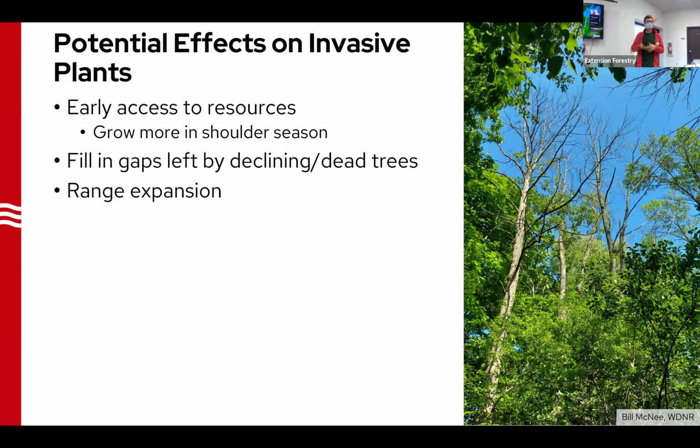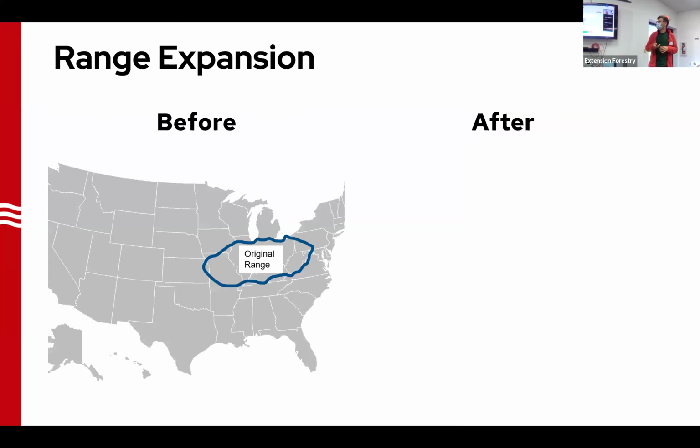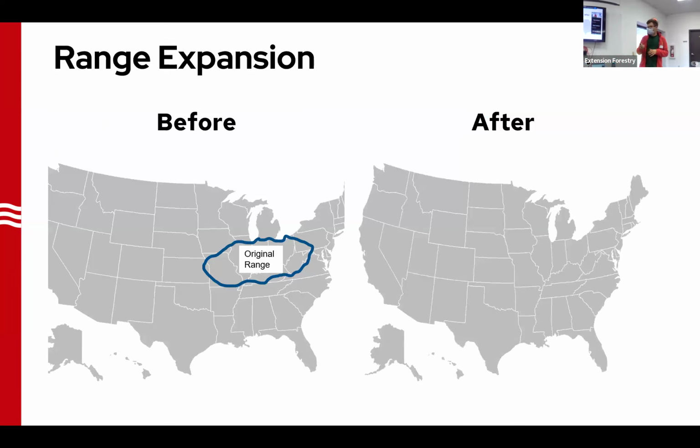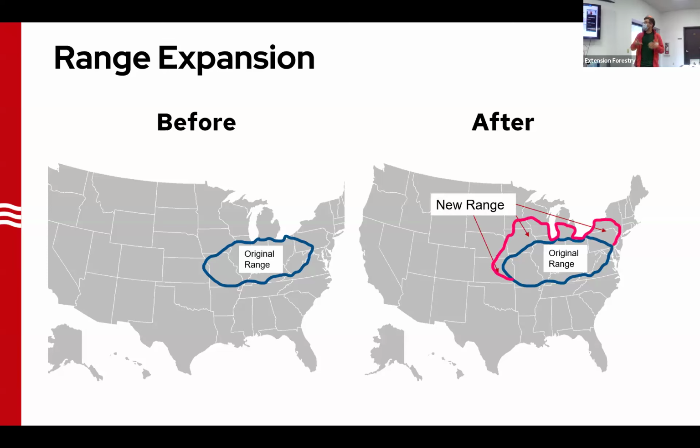But then we could also see range expansion. Let's take the hypothetical example of an invasive species hanging out here in the Midwest. If we throw in some of those changing conditions, milder winters, that could cause an invasive species that is to the south of us to move north.